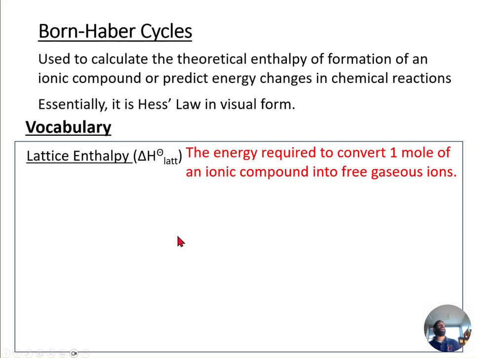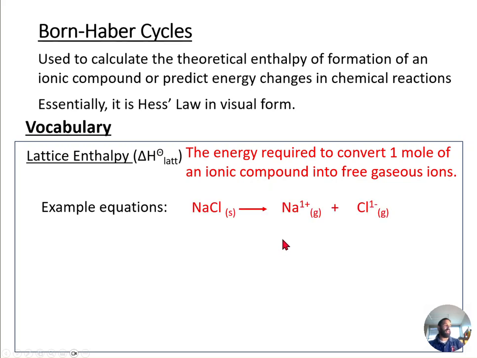The first one is called lattice enthalpy. Lattice enthalpy is the energy that is required to convert 1 mole of an ionic compound into free gaseous ions. So equations that would represent lattice enthalpy are as follows. Solid sodium chloride getting converted into free gaseous ions, so sodium ions in the gas phase plus chloride ions in the gas phase.